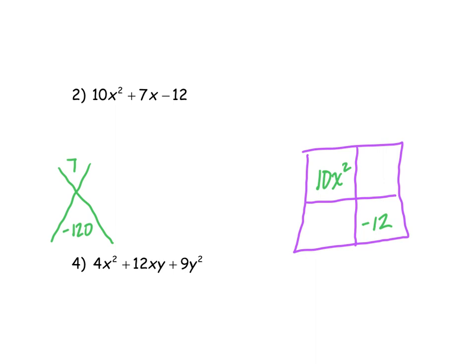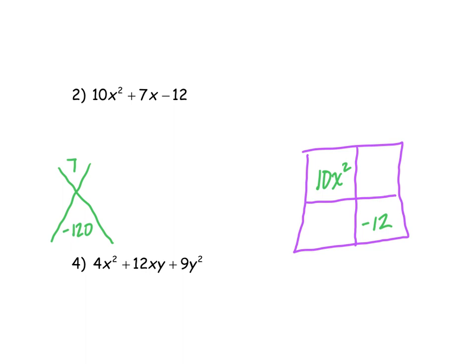So I need two numbers that are going to multiply to be negative 120 and add to be 7. So I'm just going to grab my calculator here. Let's see if we can figure that out. 120 divided by 12 and 10? Well, we know that's not it. 20?